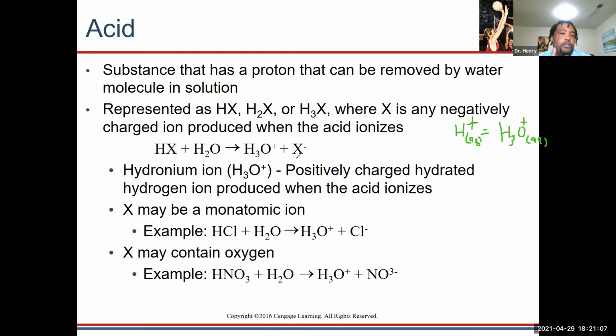So if we're talking about hydrochloric acid, then we get the hydronium ion and we get the chloride. It's going to dissociate exactly the same way. Hydrogen is going to act like metals in this case, like group 1 metals since it's lost that 1 electron. And just like we saw with sodium chloride, it's going to dissociate when it's in solution.